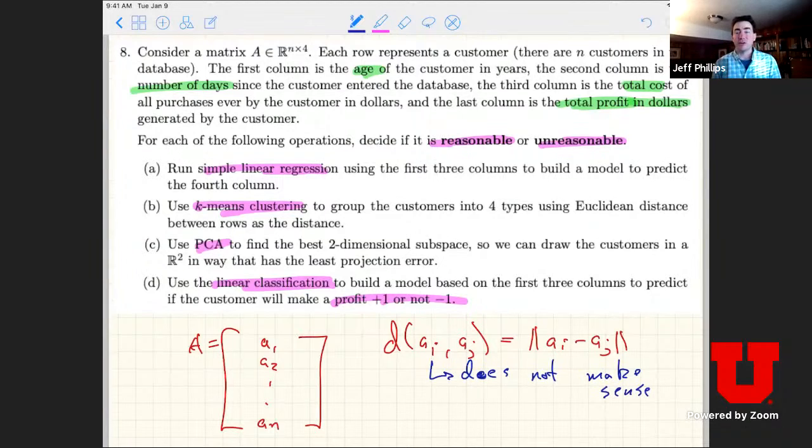It doesn't make sense to use this underlying distance here.